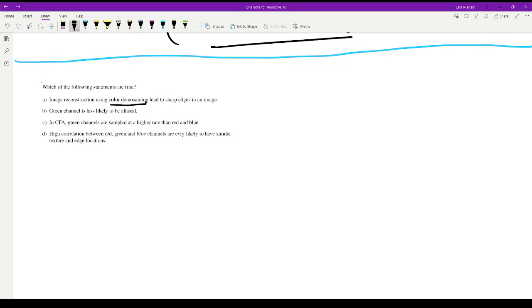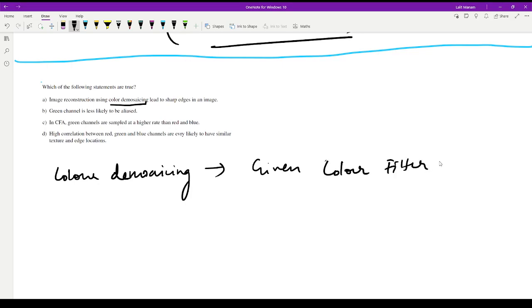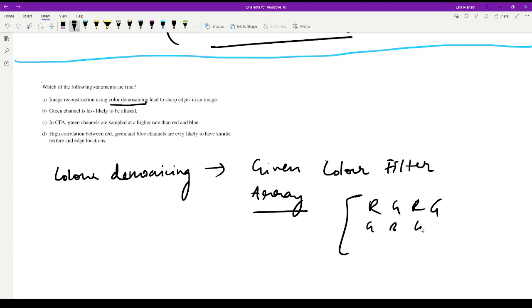Given a color filter array, that means we have some values like RG and GB, for instance.